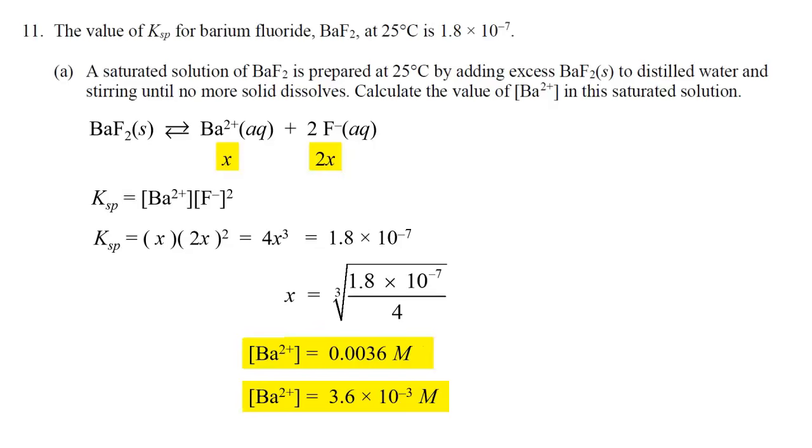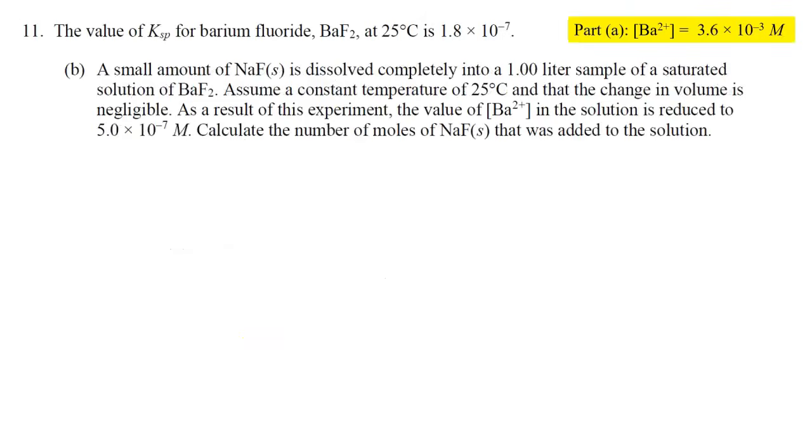Let's take a look at part B and see how the common ion effect will be represented. So in part B, it says a small amount of solid sodium fluoride. So again, there's a substance that contains fluoride ions, so that's the common ion, small amount of solid sodium fluoride is dissolved completely into a 1.00 liter sample of a saturated solution of barium fluoride.